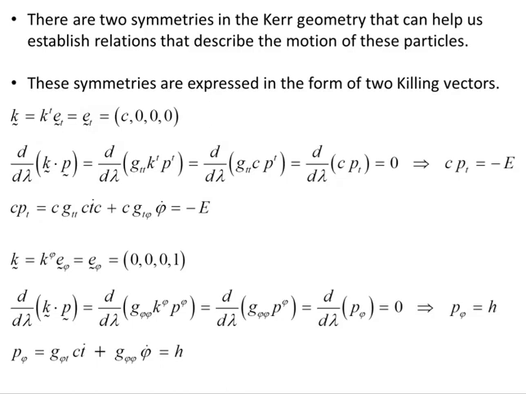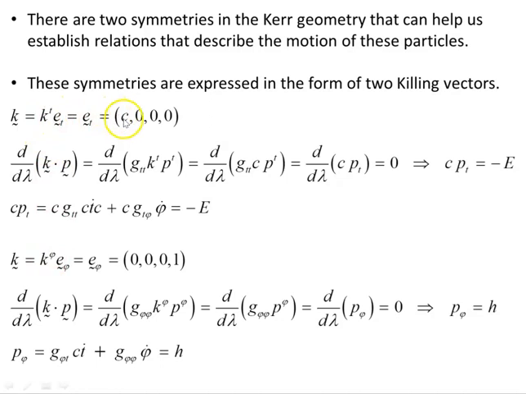They don't explicitly appear in the metric because the geometry is independent of those two. And we can express that independence of the geometry with Killing vectors in these directions. So we take a Killing vector in the time direction and a Killing vector in the phi azimuthal direction, which points perpendicular to the rotation axis of the black hole.